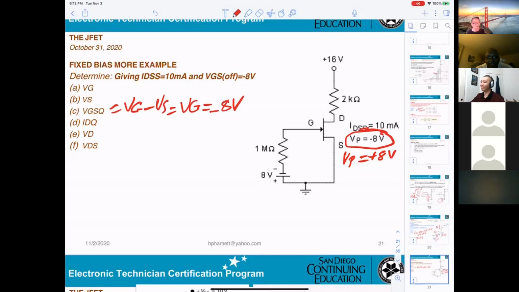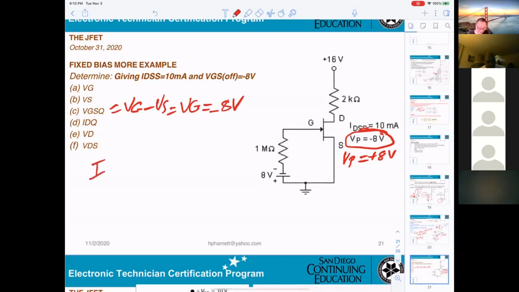The formula to calculate ID will be IDSS times 1 minus VGS over VGS off, squared. I am also getting 0, because it is 1 minus minus 8 divided by minus 8, which is 1. So 1 minus 1 is 0, and no matter what you multiply it by, it becomes 0.